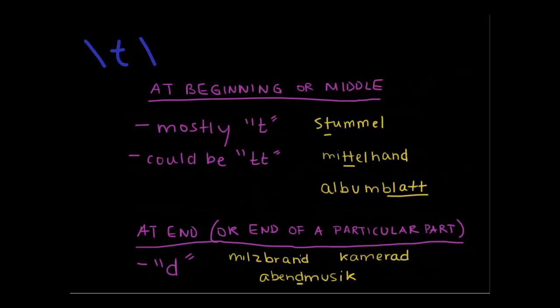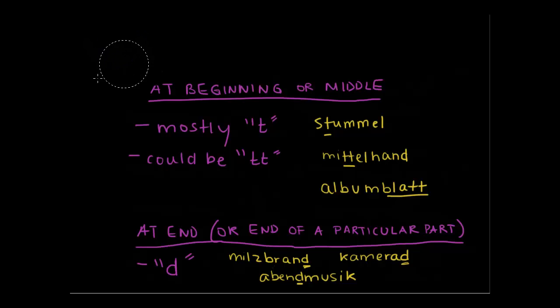In compound words, if the T sound is at the end of the first part, it's going to be a D. If it's at the end of a second part, still going to be D. And if it isn't a compound word and it's just at the end, like Kamerad, it's still going to be a D. So, basically D is going to be used for T at the end or ends of parts. And if it's at the beginning or middle, T or double T. I hope that's clear, because German does follow through on this rule. It won't really trick you because a lot of words follow this rule.